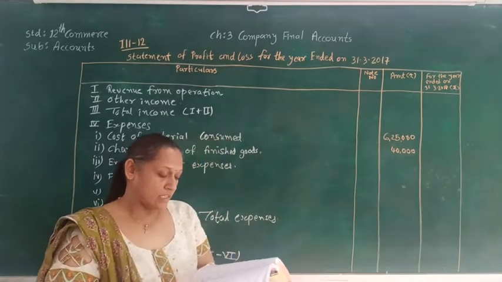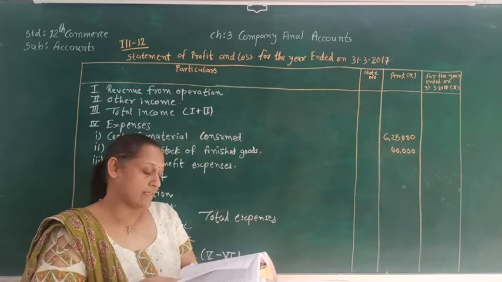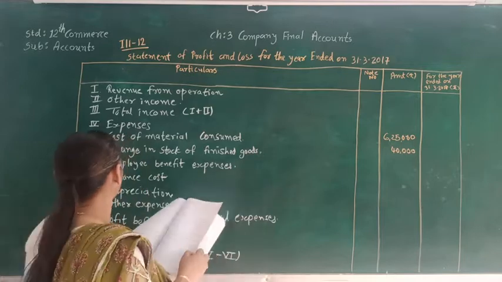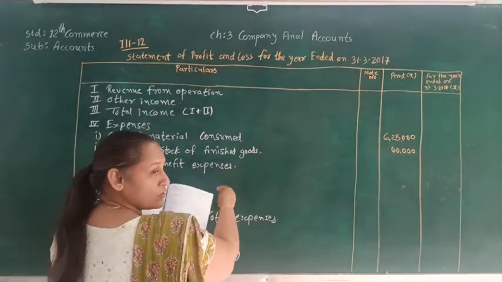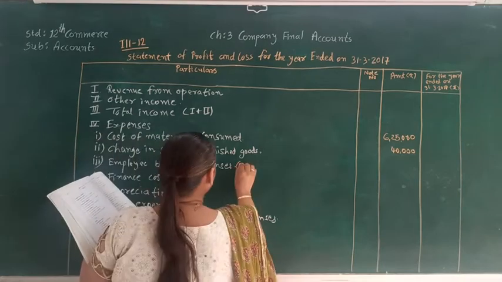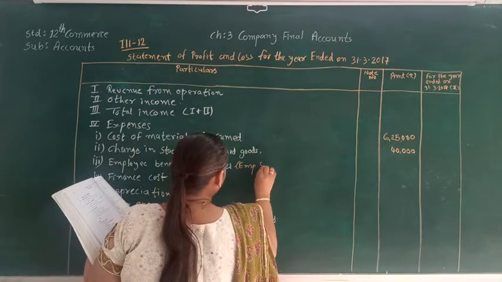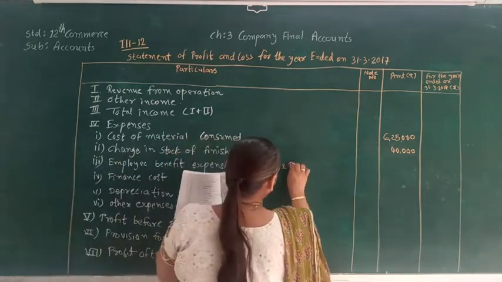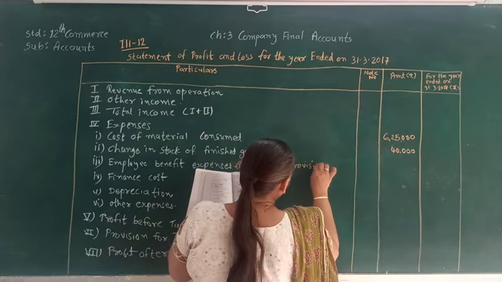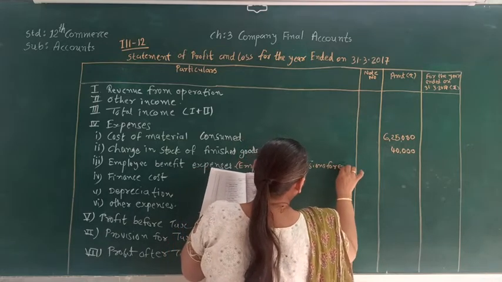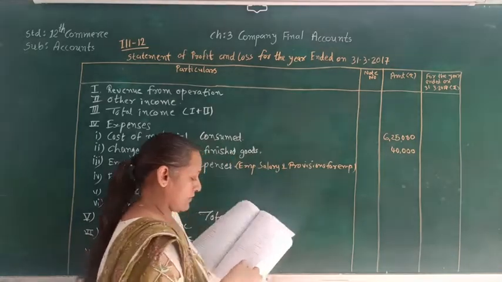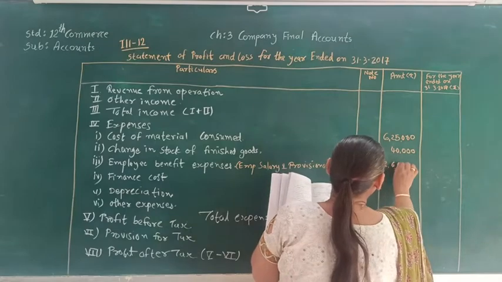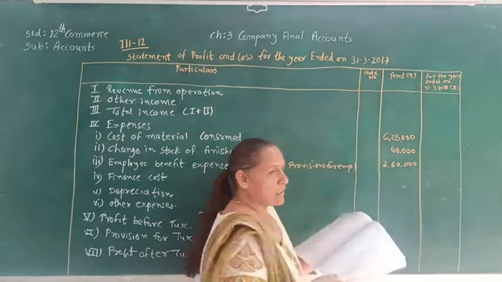After that, another balance is employee salary and provision for employee. That will fall under the employee benefit expense. So we will write here employee salary and provisions for employee, and that is 2,60,000. So we are going to write over here 2,60,000.